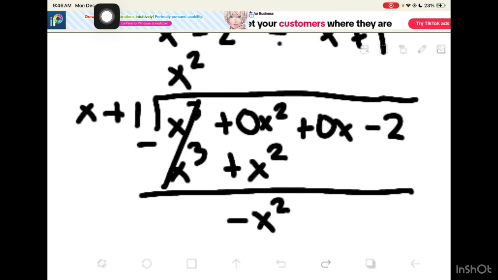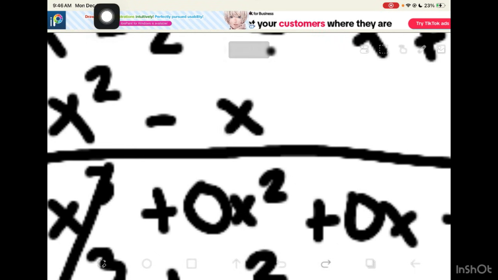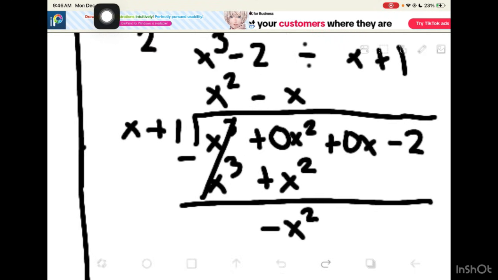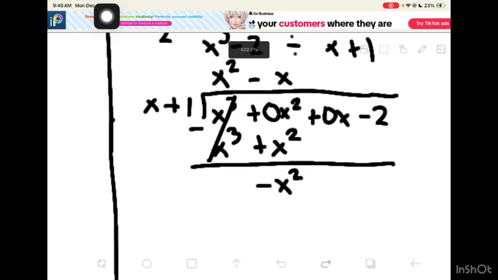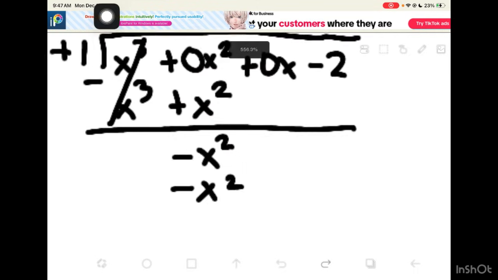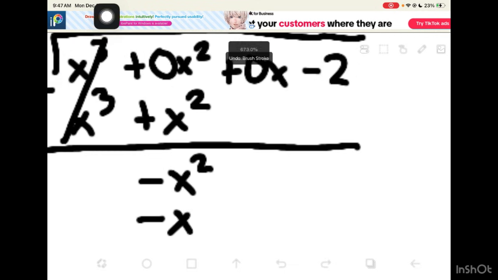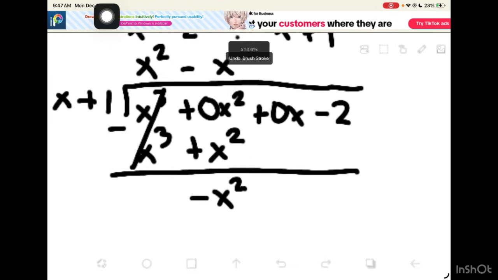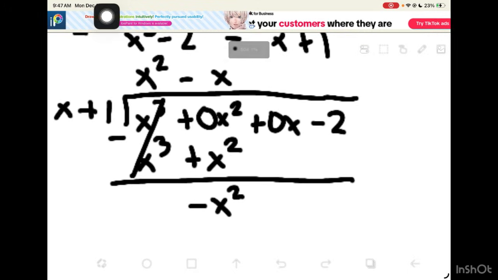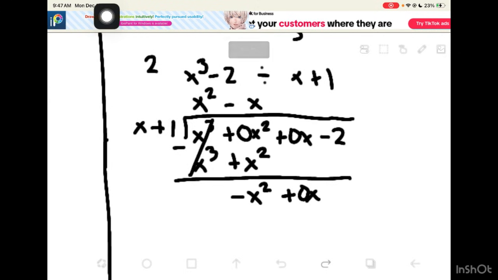Negative x squared divided by x is just negative x. Oh, sorry, bring down the next term, plus 0x. But yeah, okay, try again.